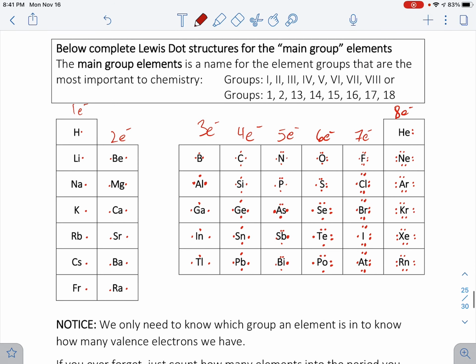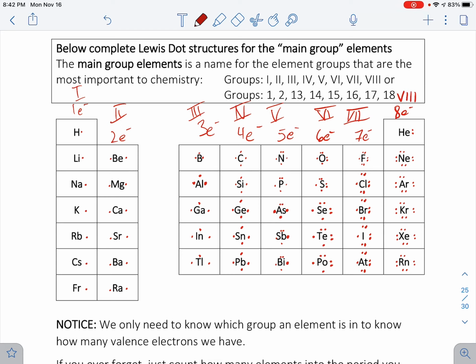And if you know your Roman numerals, you'll notice that some periodic tables will label this as group 1, 2, 3, 4 or IV, 5, 6, 7, and group 8. So this is the main group labeling. You will also find some periodic tables label these according to the numbers below that, which is groups 1, 2, 13, 14, 15, 16, 17, 18.